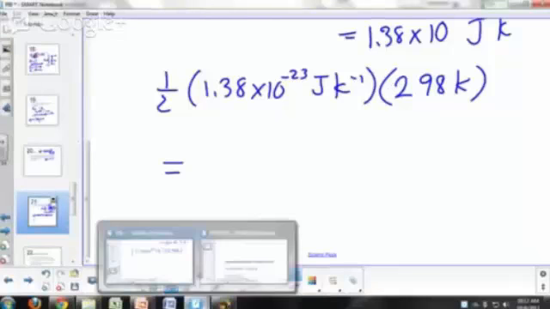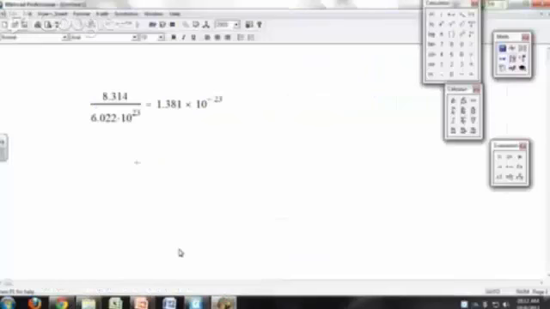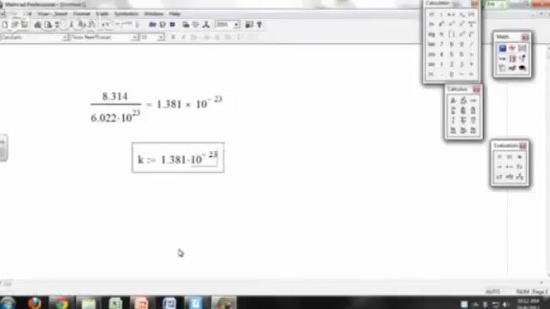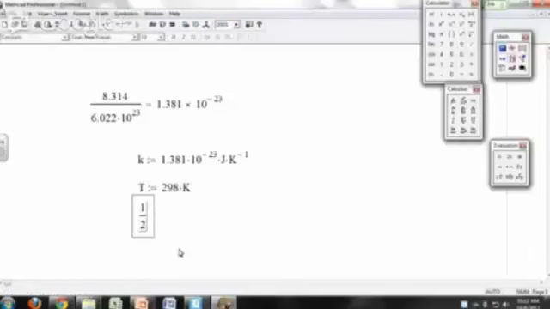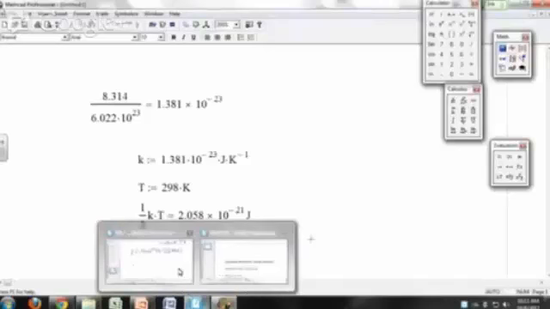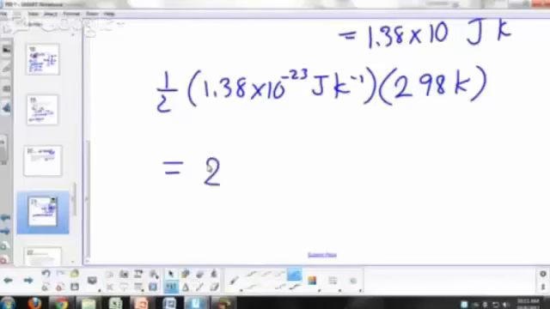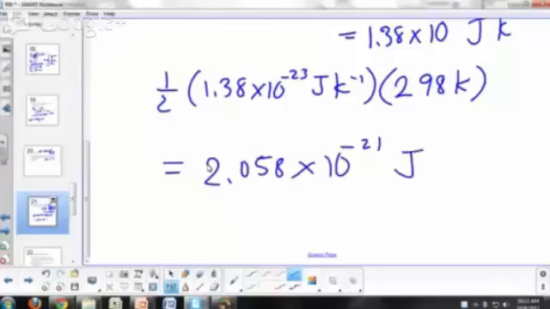So K equals 1.381 times 10 to the negative 23 joules per Kelvin, temperature is 298 Kelvin, so 1/2 kT equals 2.058 times 10 to the negative 21 joules.